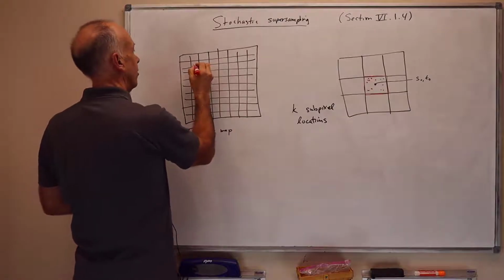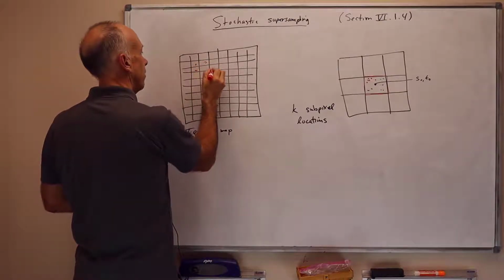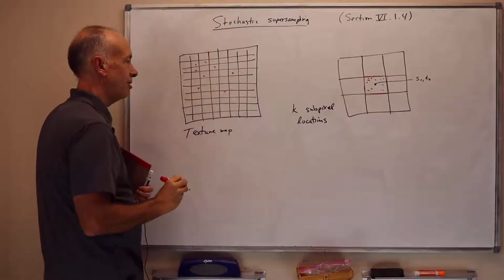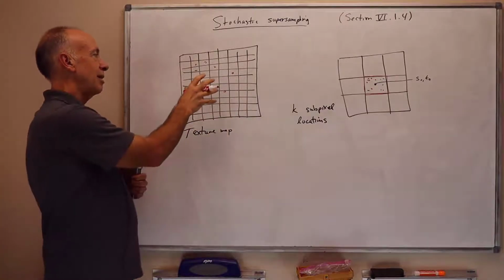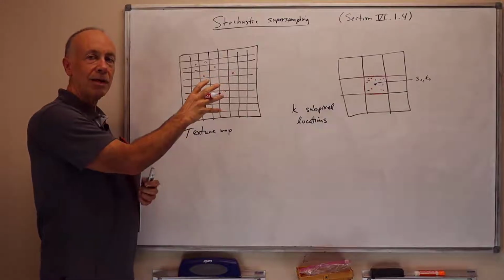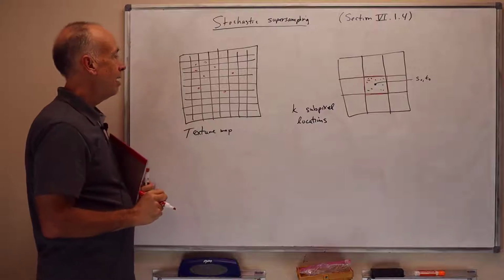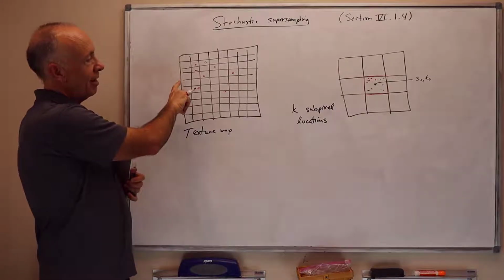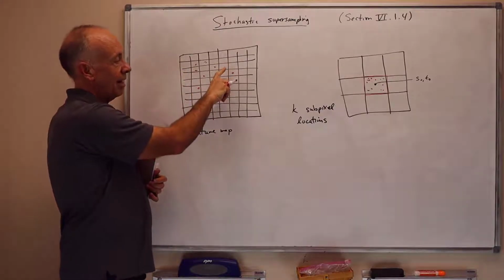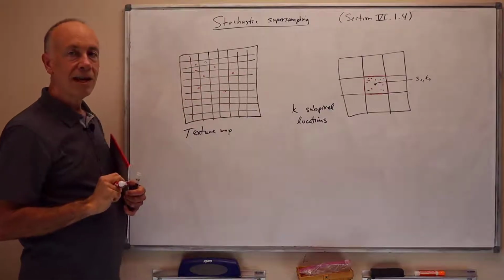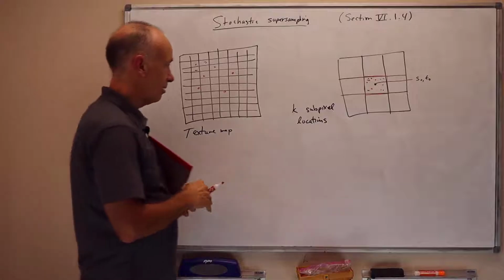And we come back here and we pick the corresponding positions in the texture map. And then we evaluate the texture map in the usual way, say using even bilinear interpolation or the nearest center if we wish. And we get 9 values out of the texture map in this case, or k values out of the texture map, and then we average those, and we use that as the value for the pixel.